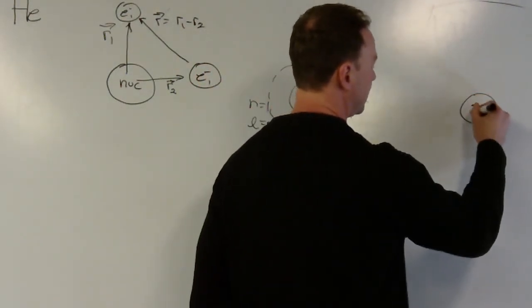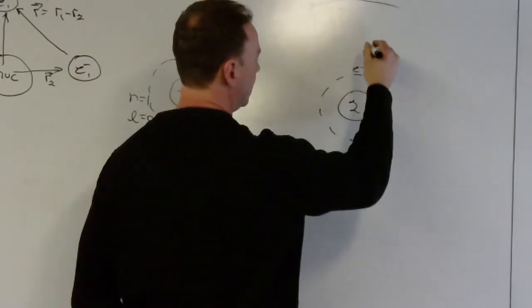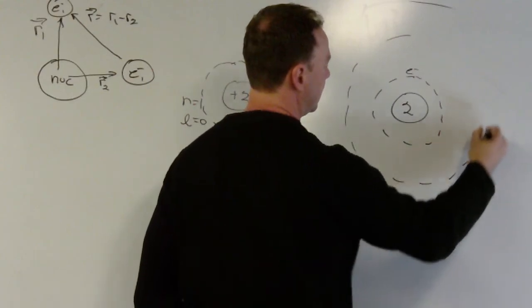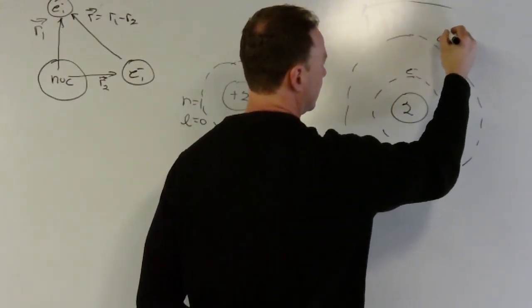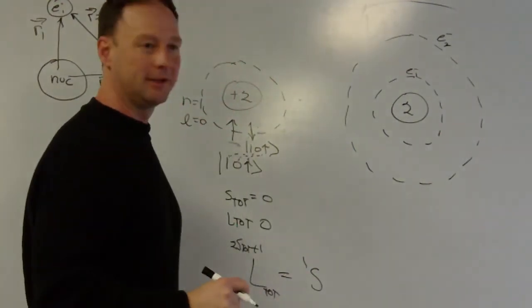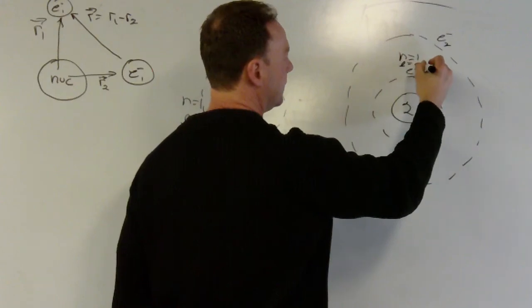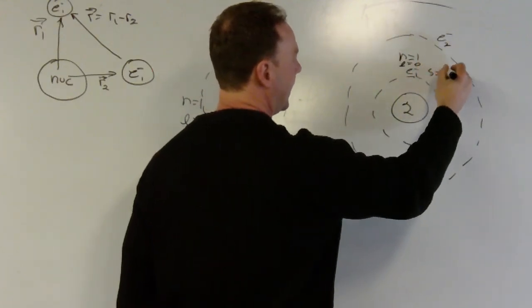So here's our 2. Let's have electron number 1 here, and then electron number 2 here. Again, I'm labeling them. All right, let's have this one n equals 1, L equals 0, S equals a half.